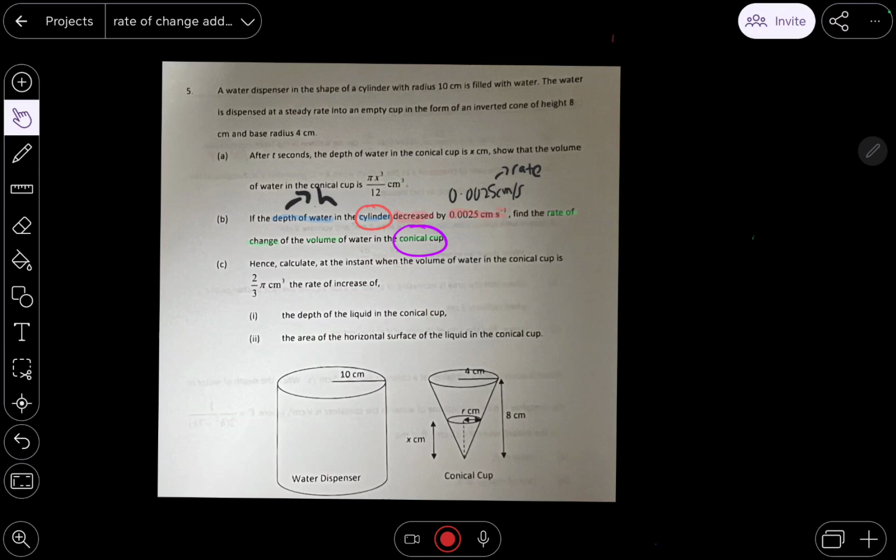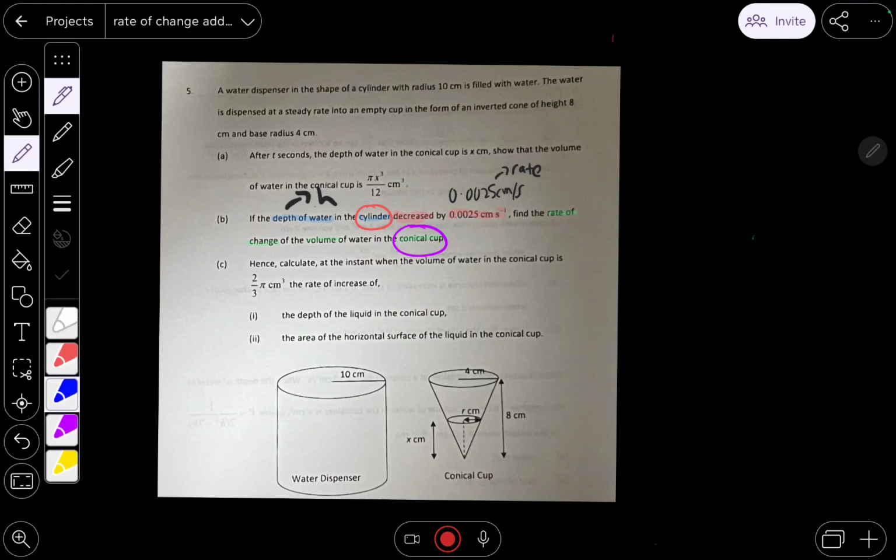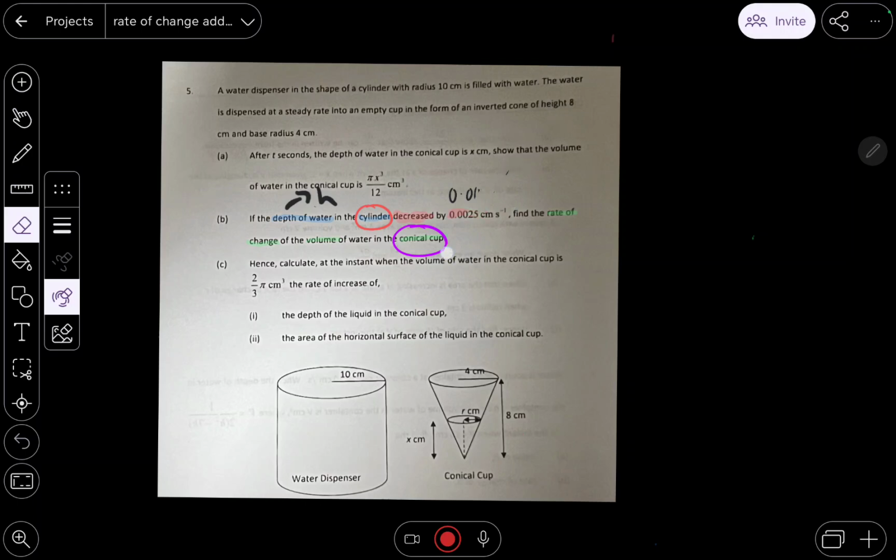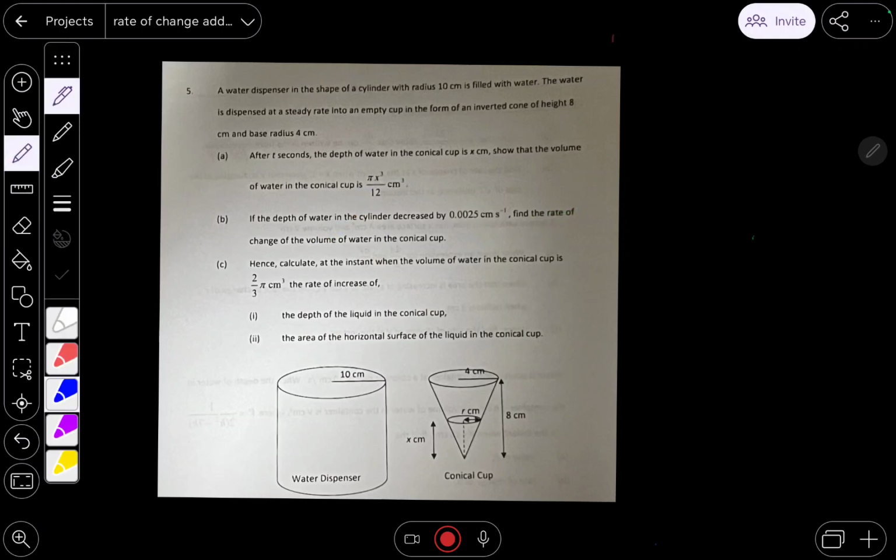So, hence, part C. Slowly. Okay, I'll erase. Fresh question now. Hence, okay? What's the keyword here? Hence, correct?